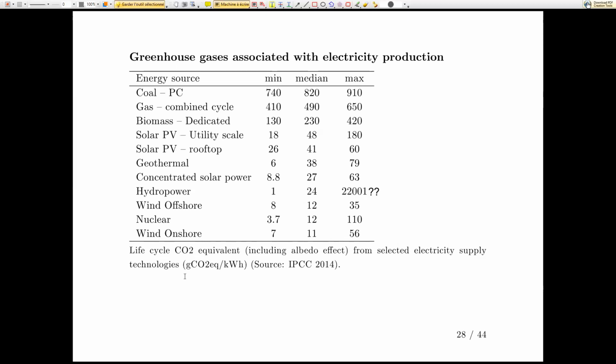I think it's grams of CO2 equivalent per kilowatt hour. Anyways, as you can see, coal is the big winner. So we should really get rid of it.